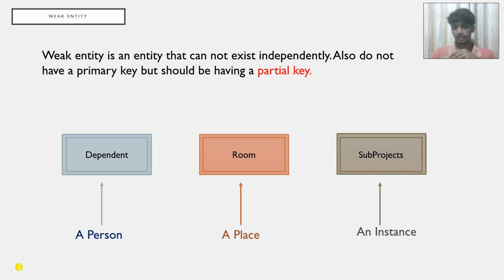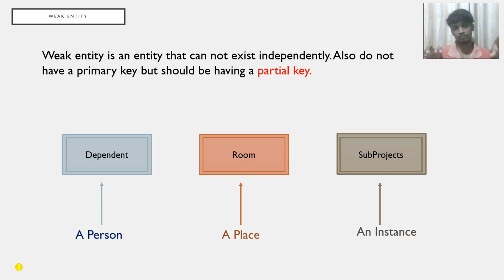And the second example is room. Imagine a scenario where a hotel has rooms. When it comes to a hotel database management system, is it possible to have a room independently? No. Each room should have a hotel, otherwise there will be no meaning for that.